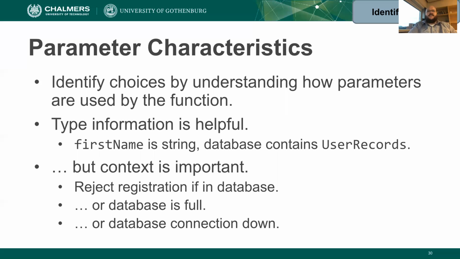But then any context is also useful for how those are used in practice and how they can impact execution. If the database already contains an entry for that combination of fields, maybe we know that registrations should be rejected, right? And then we also know that we should reject the registration if the database is full or if the connection is down. And so we can consider then how the choices we make are going to influence the expected outcome and check that expected outcome is met.